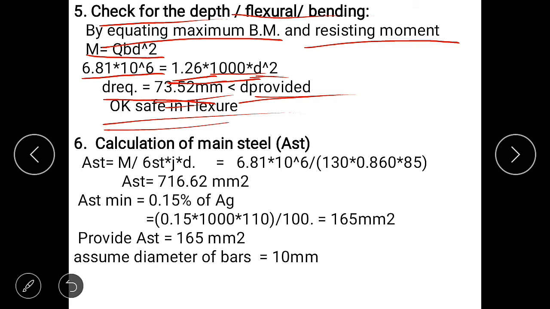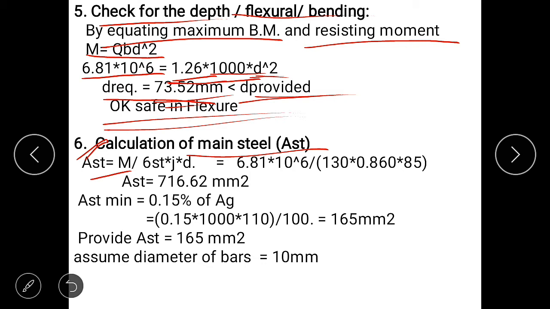Okay, now sixth step, we have to calculate area of steel. So AST, the formula to calculate AST is M divided by sigma ST into J into D, where M means moment.